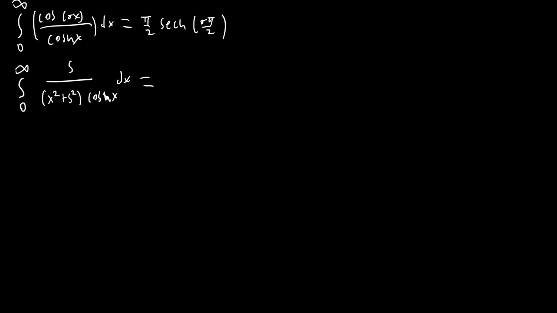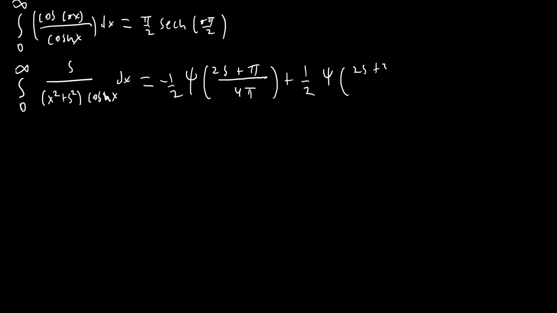And using our rules of the Laplace transform combined with the lemma that we had on the previous page, this is just going to become negative 1/2 digamma. Instead of s, we're going to have s over a, so that's (2s plus pi) over 4 pi, plus 1/2 digamma (2s plus 3 pi) all over 4 pi.